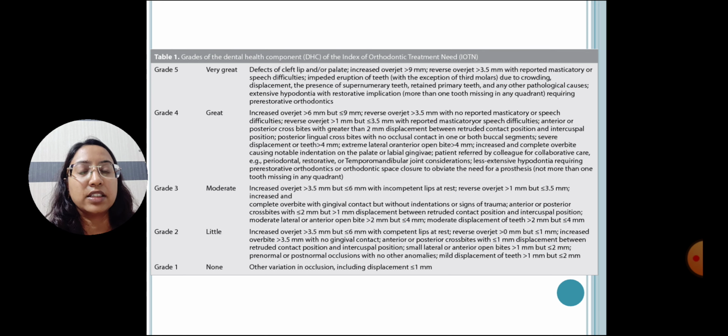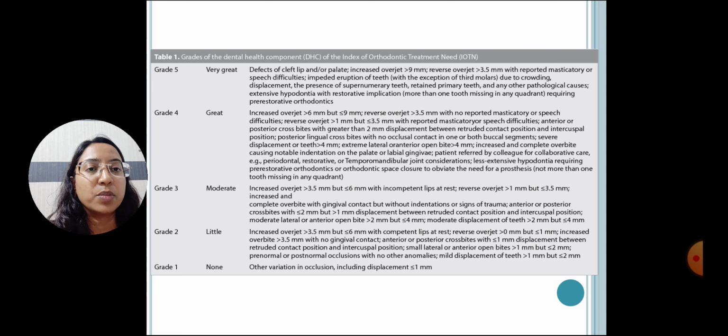In case of grade 3 or moderate requirement for orthodontic treatment, here overjet between 3.5 millimeter to 6 millimeter with incompetent lips at rest was considered. Reverse overjet greater than 1 mm but less than or equal to 3.5 mm.